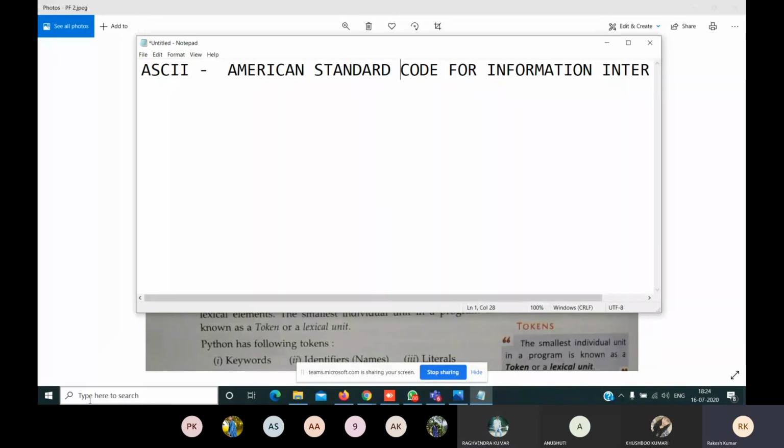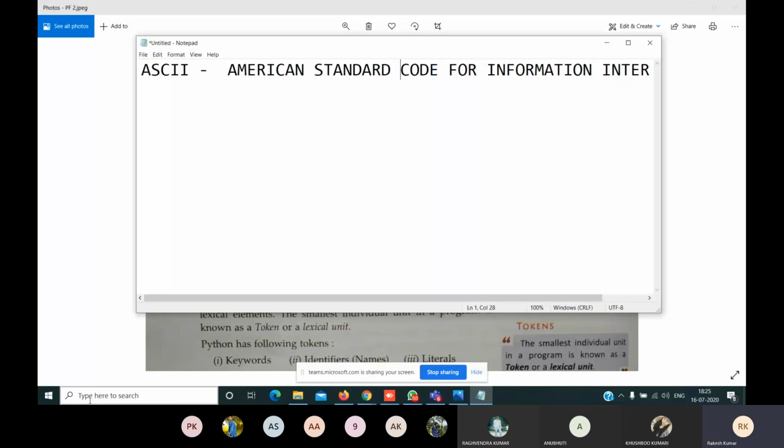And why is this encoding standard used in computing systems? You know very well that computers understand only 0 and 1. So when you write A, what is the meaning for computers? A is not understood by computers. Computers understand only 0 and 1. When you write A, B, or any other symbols, 9, 10, 8, all keys, all alphabets, all symbols are already encoded and have a special number.